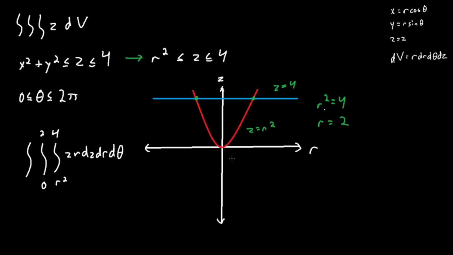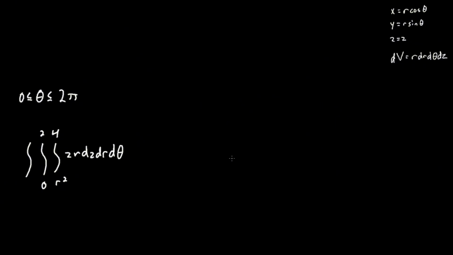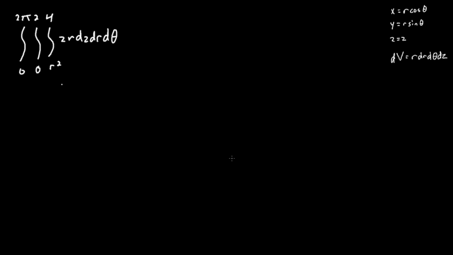And that is at 2 right here. And r always has to be positive, so it's not plus or minus 2. Now that we have that, our theta bounds, shown already and given, were 0 and 2 pi. So this is our integral that we have to solve.